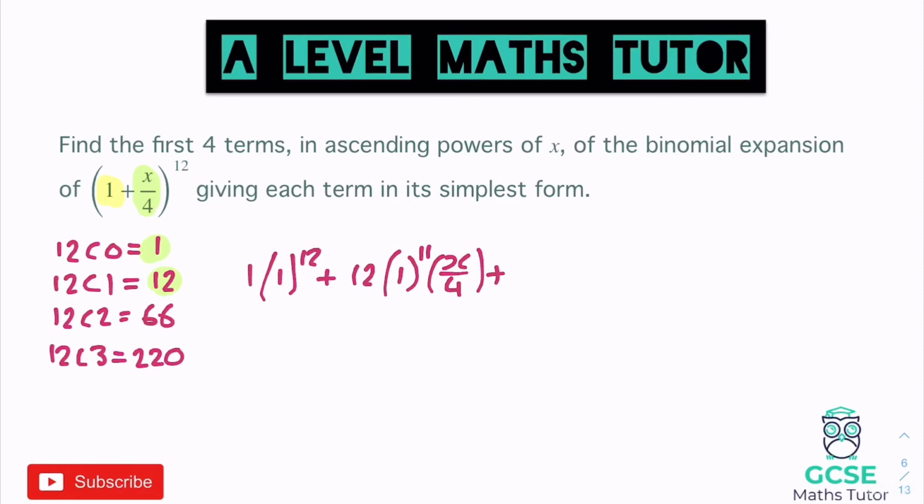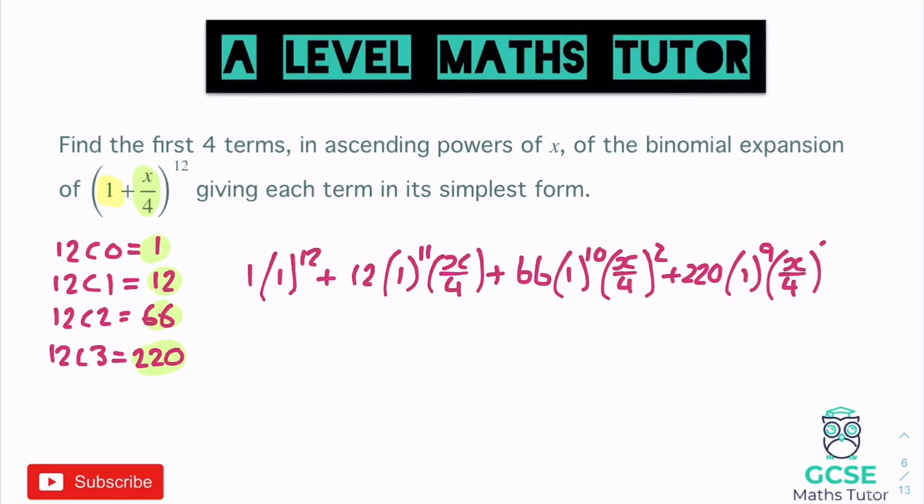And on to the next piece. We have 66 lots of this one. So 66 lots of 1 to the power of 10, and then x over 4 squared. And then for our last piece here, we have 220 lots of 1 to the power of 9 now, and x over 4 to the power of 3.